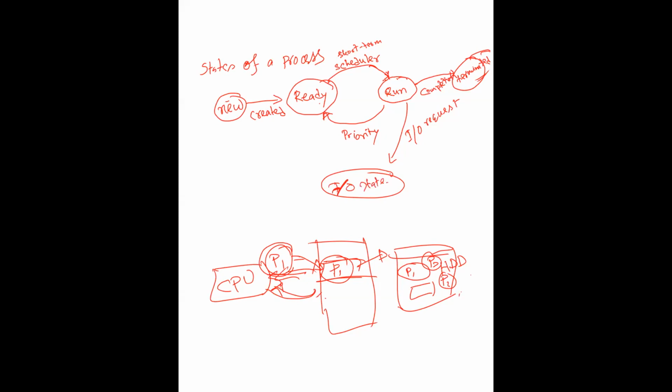When a process is performing IO, your CPU cannot run this process. When a process goes to an IO state, your CPU cannot continue executing it until the IO completes.